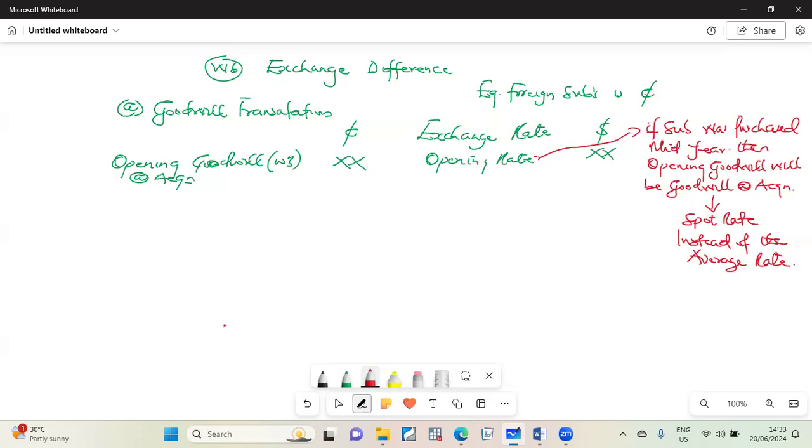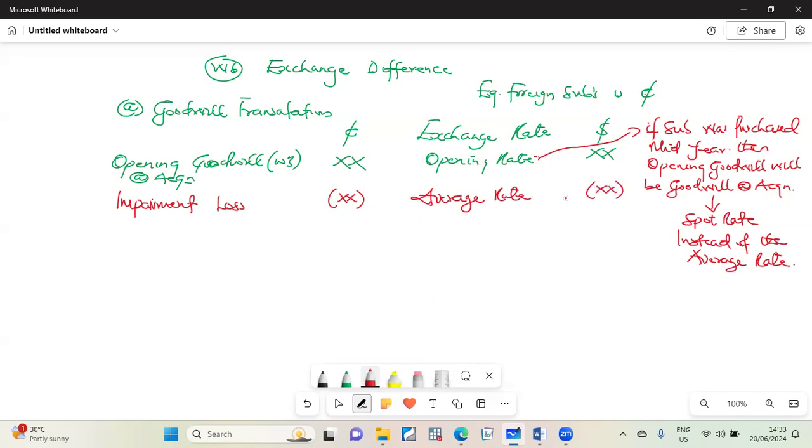Then normally, what do you do? You bring in impairment, right? Impairment loss. You deduct. Then you will use the average rate to impair it also over here.